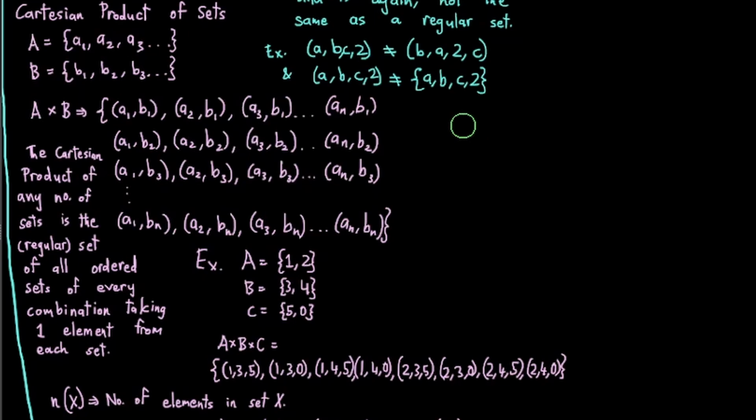Let's say that A is the set of a1, a2, a3, and so on, finite or infinite, and B is the set of b1, b2, b3, and so on.